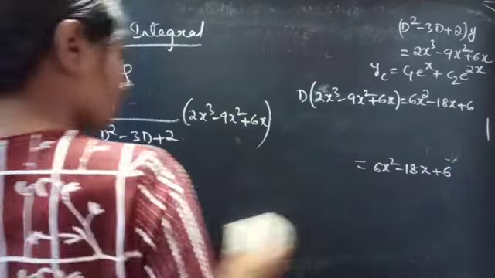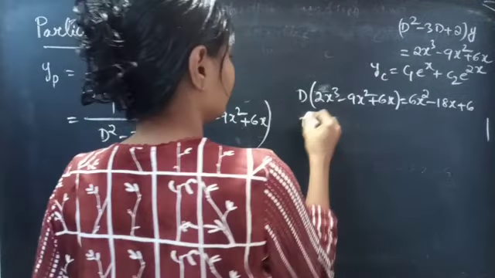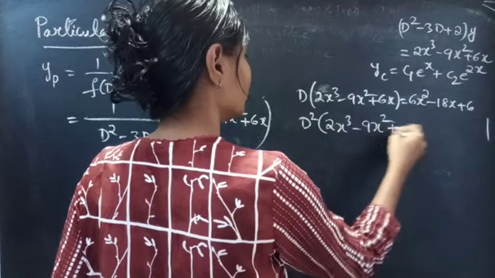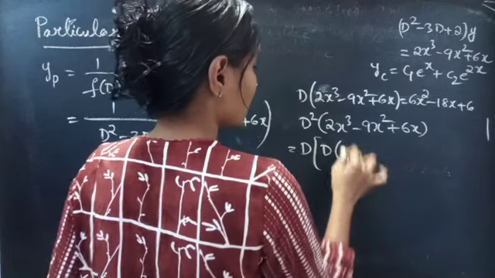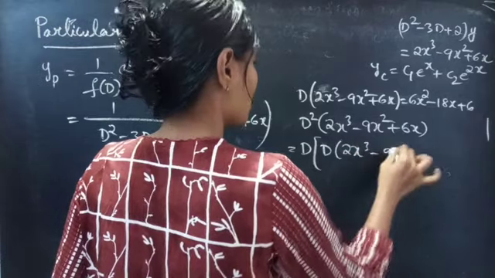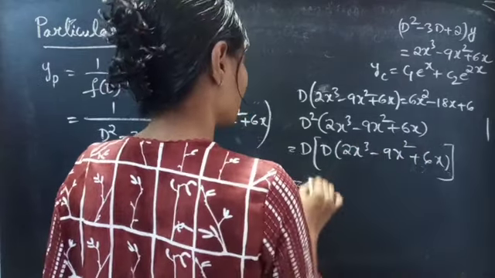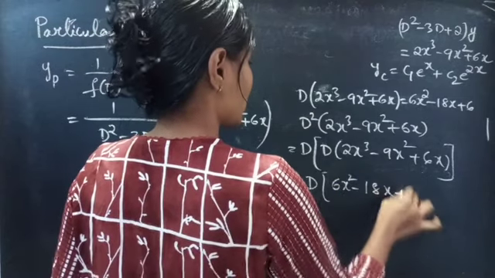Now let's find D square of Q, which equals the derivative of DQ. We have the value of the derivative of Q: 6x square minus 18x plus 6.